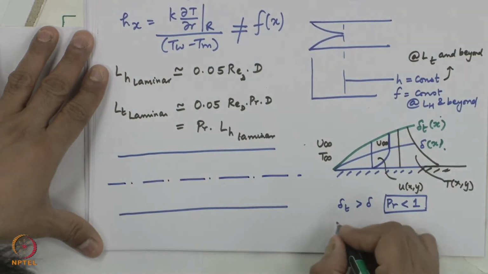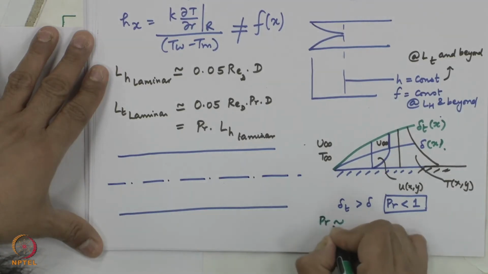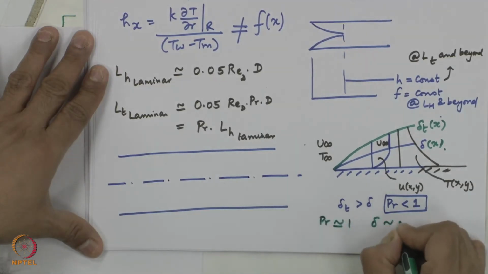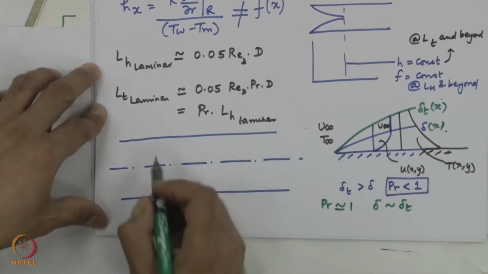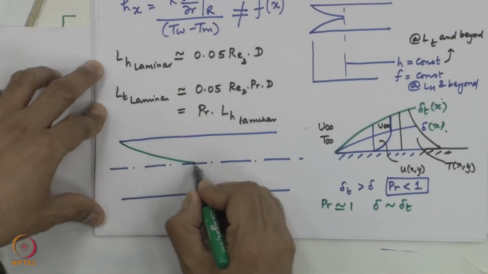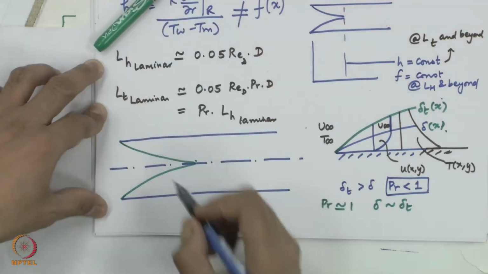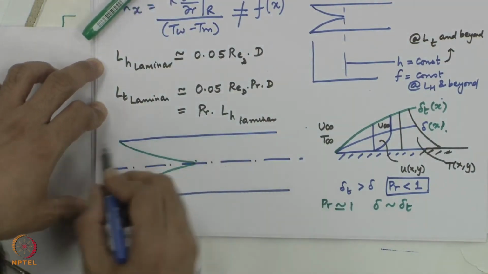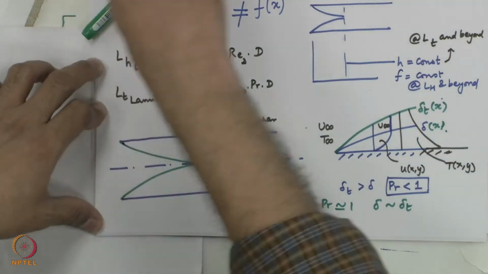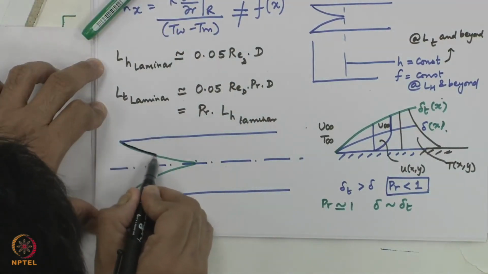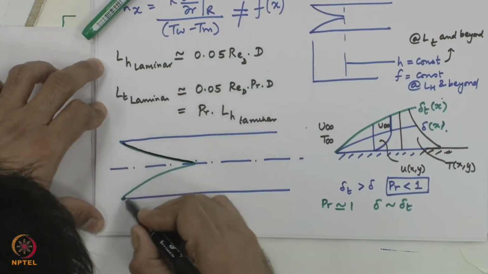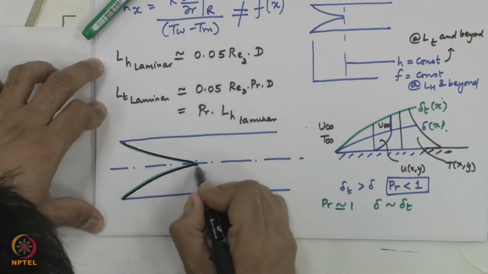So, if Prandtl number is approximately equal to 1, delta grows at the same rate as delta T. What does this mean? The hydrodynamic entrance length and the thermal entrance length. The green one is hydrodynamics, the black one is the heat transfer or thermal boundary layer.